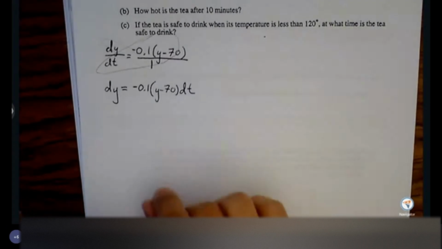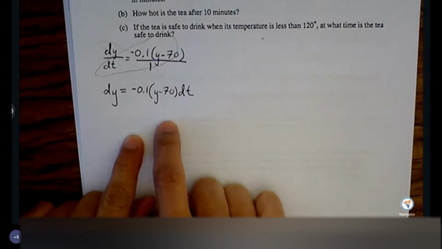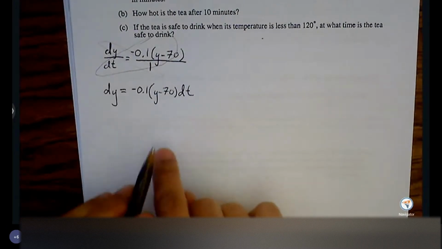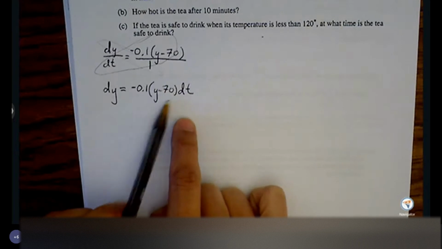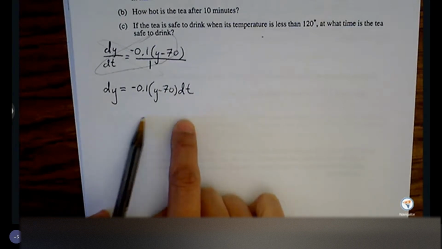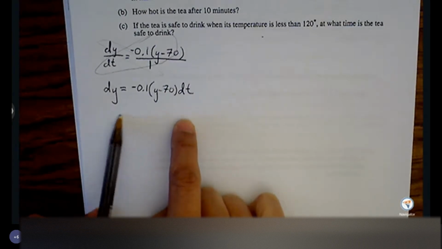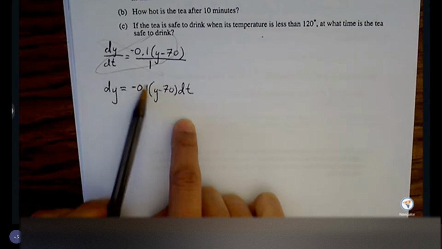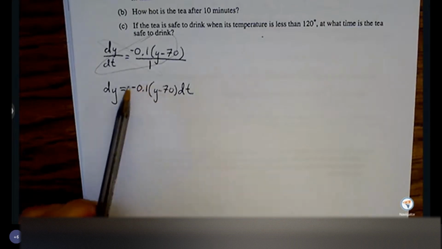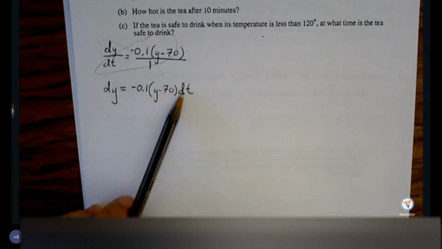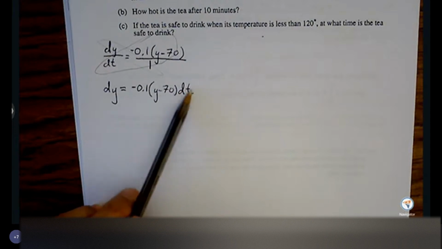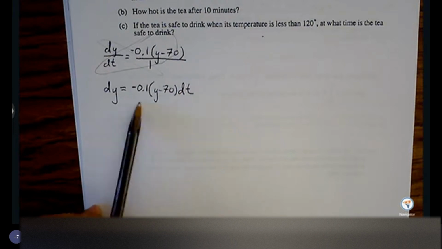Okay, next up, we ask ourselves, do we have full separation? Well, not quite. This y minus 70 is a little bit out of place. So we're going to divide this y minus 70 over. It's going to end up in the denominator. The negative 0.1 is a coefficient, and we'd like to leave coefficients on the right side. There's no other t values, so that's just going to be negative 0.1 dt.